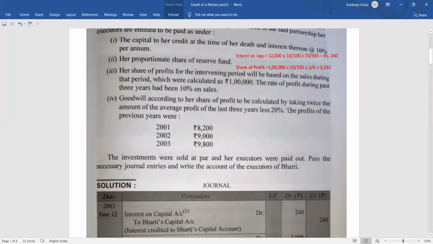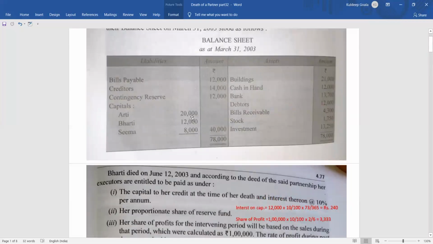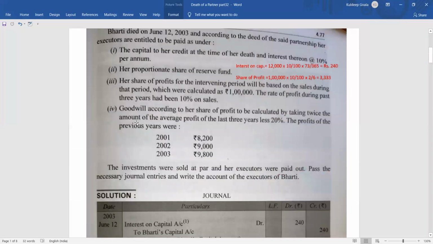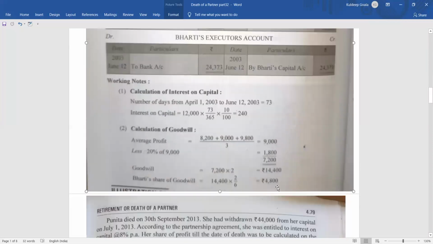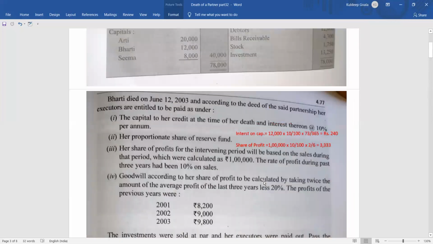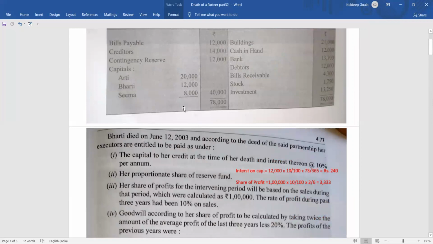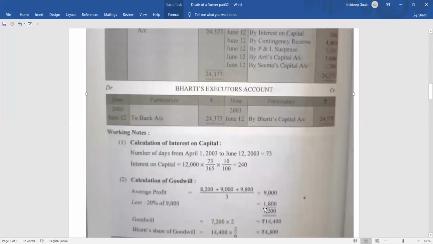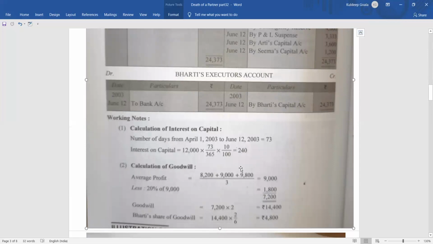So how will it be given? The entry will be like this. Aarti's capital account debit, Seema's capital account debit. Aarti's capital account debit will be 3/4 of 4,800, and Seema's capital account debit 1/4 of 4,800, to Bharti's capital account 4,800.